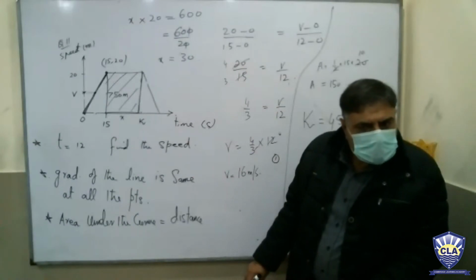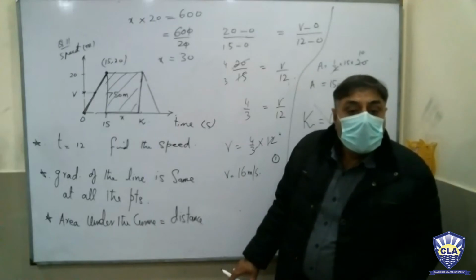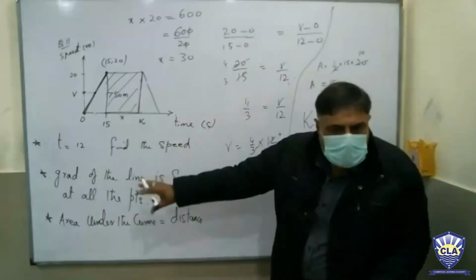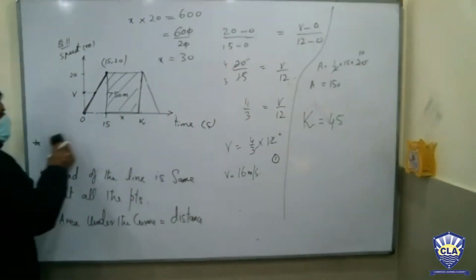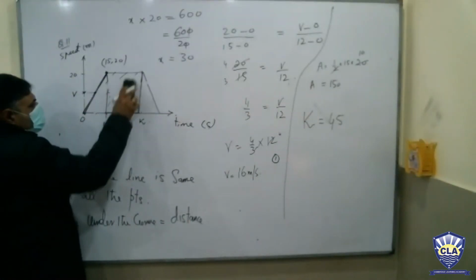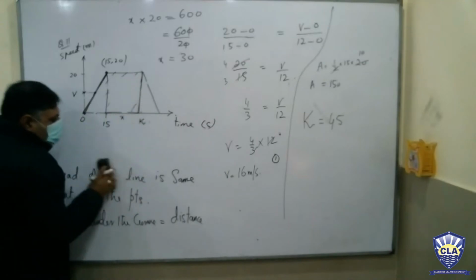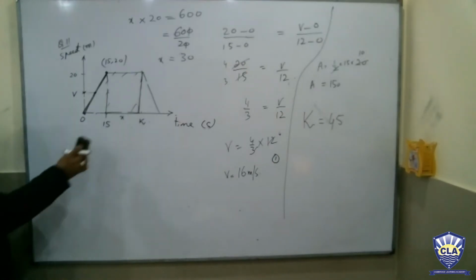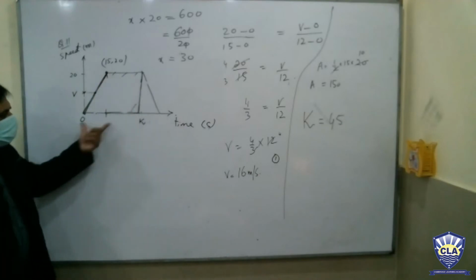Is it understood, children? Which area did 600 come from? The area of the whole diagram is 750.